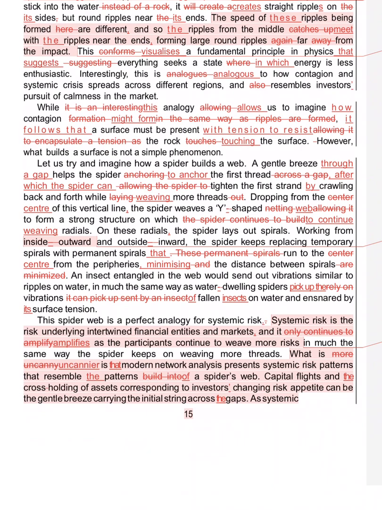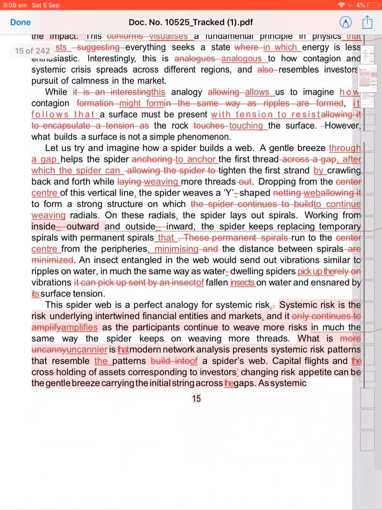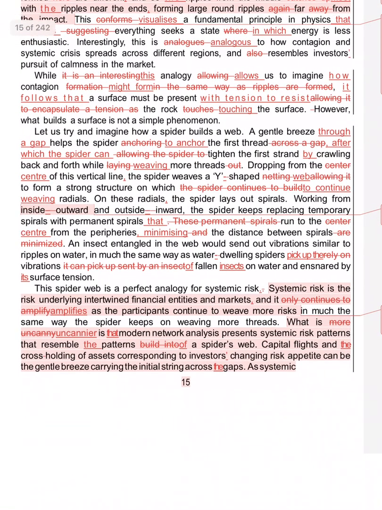Rely on vibrations, not necessarily pick up the vibrations sent by an insect. No, of fallen insects. Vibrations of fallen insects. Okay, so obviously it has fallen on water, sending vibrations. Pick up vibrations of fallen insects ensnared by the water's surface tension, by its surface tension.